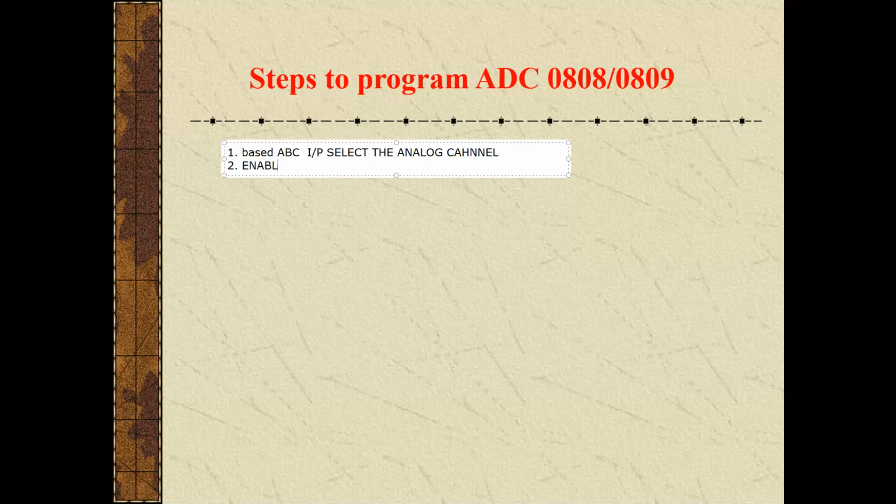This is the second step. For latching the address, a low to high pulse is given to the ALE pin. Then we have to enable SOC, the start of conversion pin. A low to high pulse should be given to this pin for the conversion process.